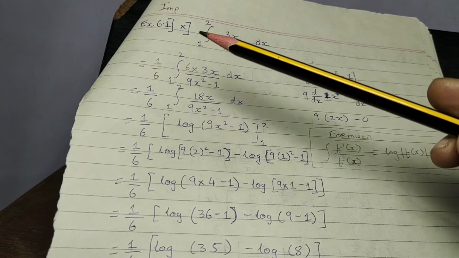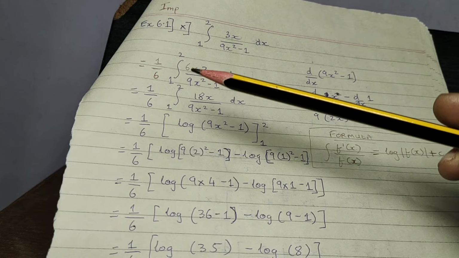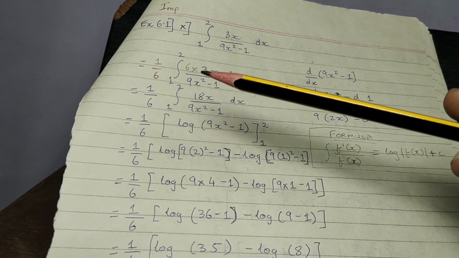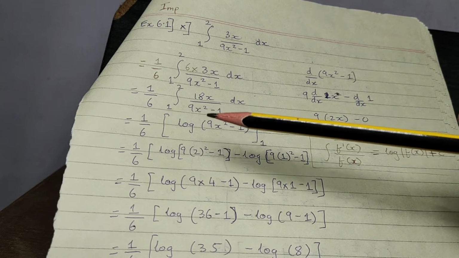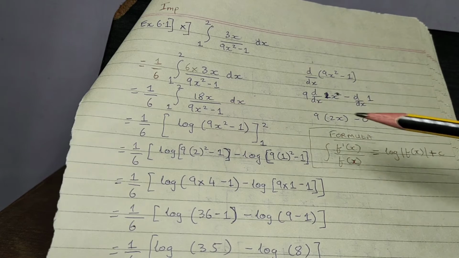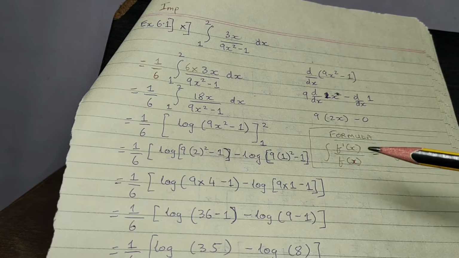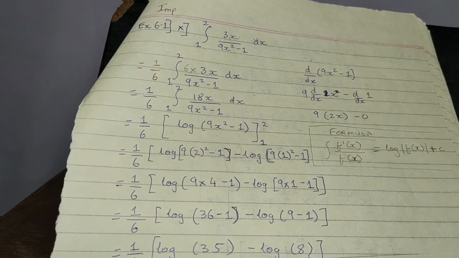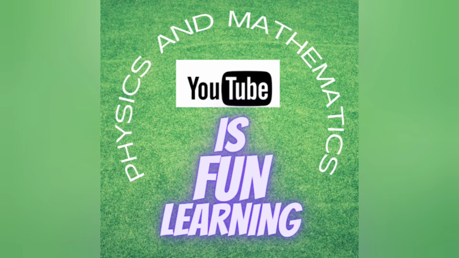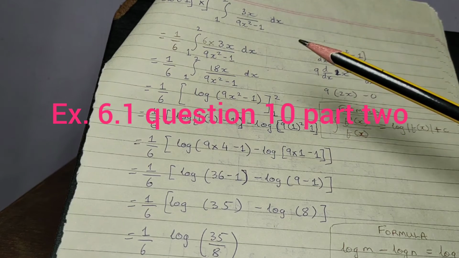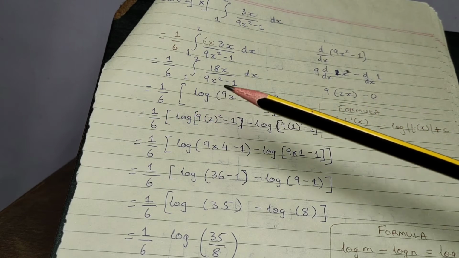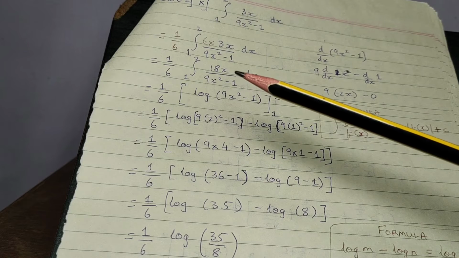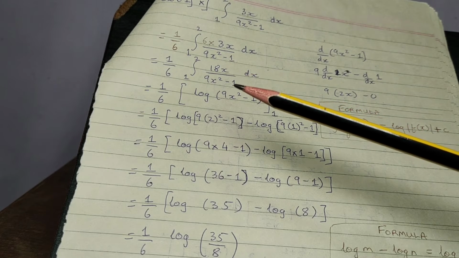So 1 by 6 will go outside the integration sign, and in the numerator you will get 6 into 3, and this will turn as 18x. Now this f of x and f dash of x, we can solve using this formula: f dash of x divided by f of x integrates to log of f of x. We have already solved this corollary, and dy by dx is there on top, and this is f of x.